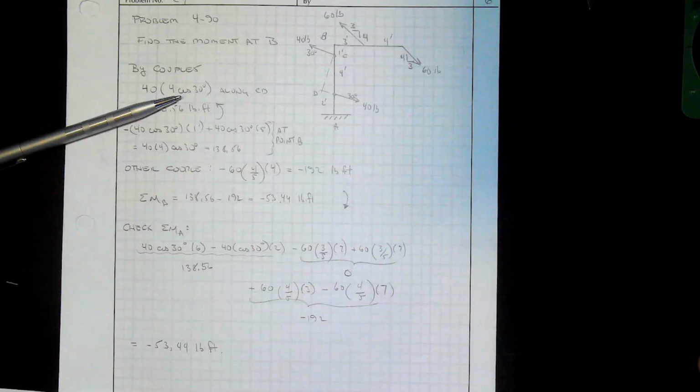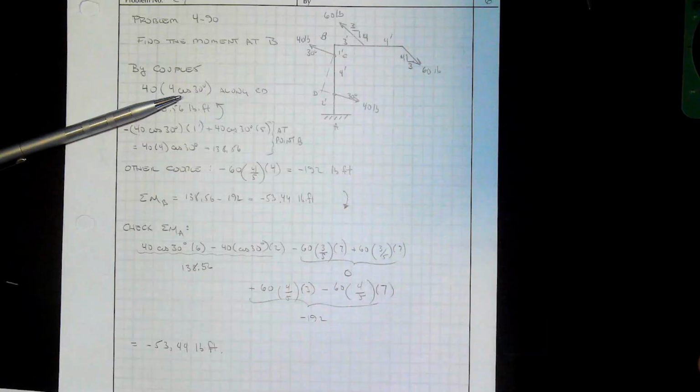Here these are at 30 degrees coming off, 40 pounds, 30 degrees up. Here's 40 pounds, 30 degrees down. If I put a line here and create that perpendicular distance, the distance straight along here would be 4 cosine 30. That would be the perpendicular distance between them, 4 cosine 30, and we have 40 pounds.